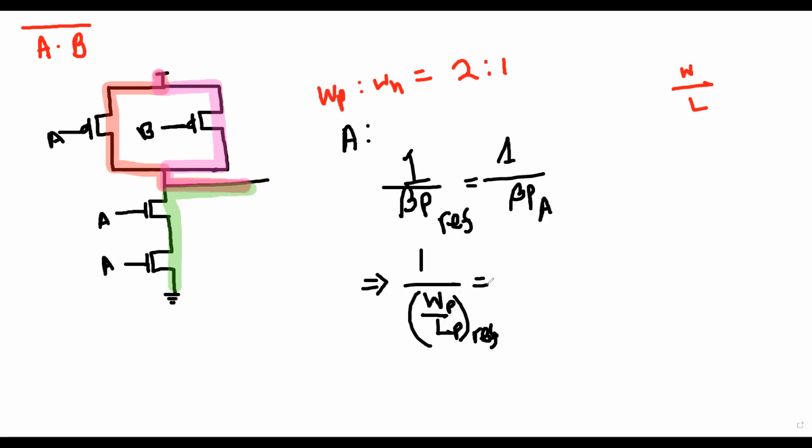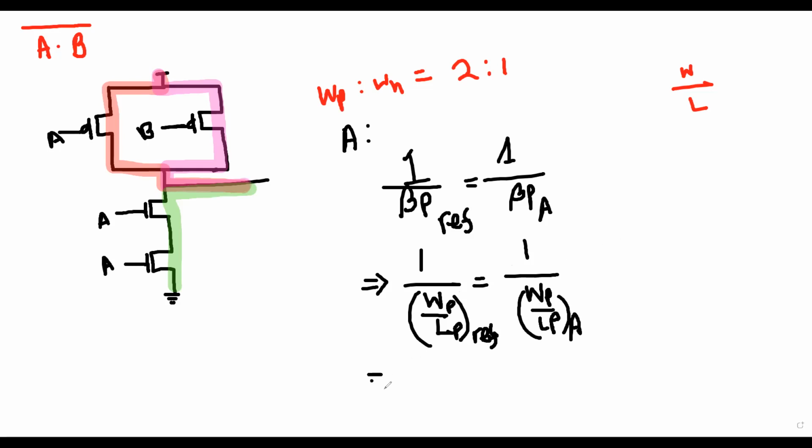The reference circuit was the previous circuit, that was 2:1. Remember. This one will be WP by LP for A. This case will be for A now.